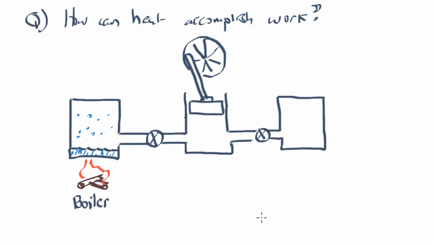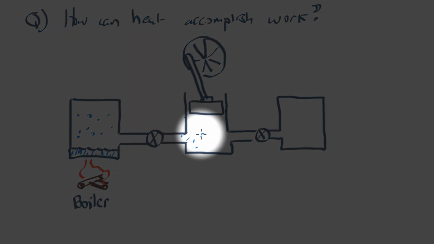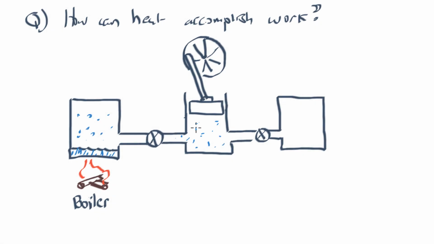Now, when that fire is lit and steam is produced, the pressure in that chamber increases. And then, by opening this valve right here, one can allow the steam into this chamber containing the piston. And as long as the valve on the right side of this chamber is closed, the pressure in this chamber increases, pushing the piston upward.